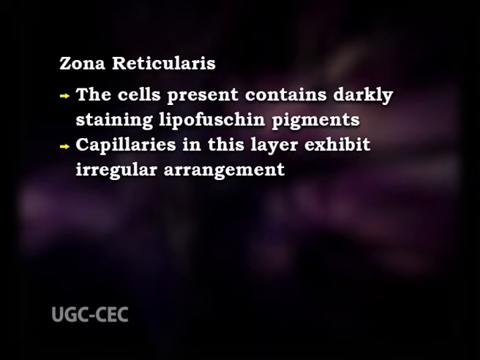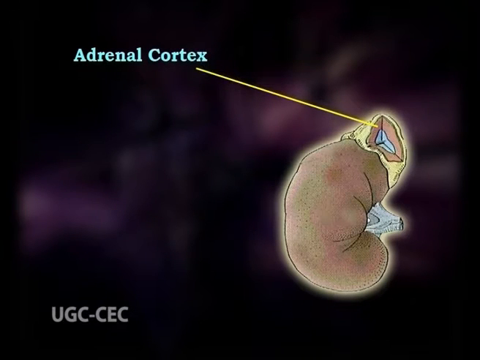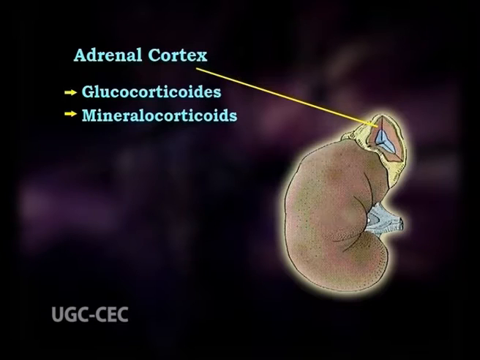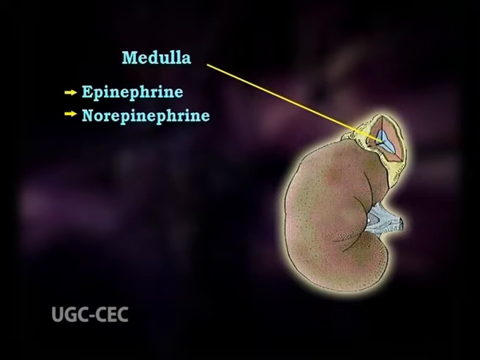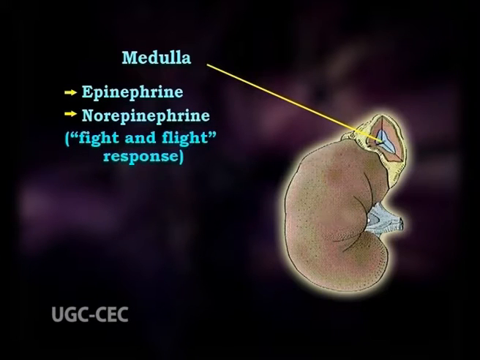Capillaries in this layer exhibit irregular arrangement. Adrenal cortex secretes glucocorticoids, mineralocorticoids and some amount of androgens and estrogens. The medulla contains chromaffin cells that secrete epinephrine and norepinephrine responsible for the fight or flight response.